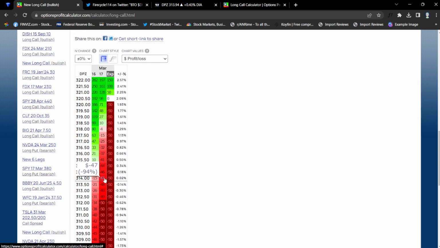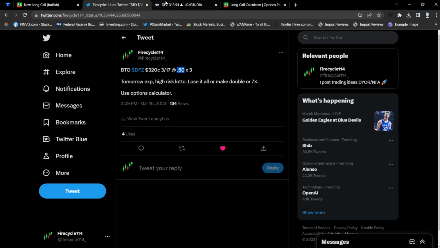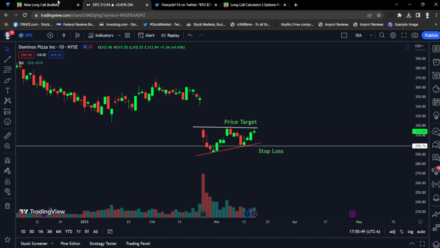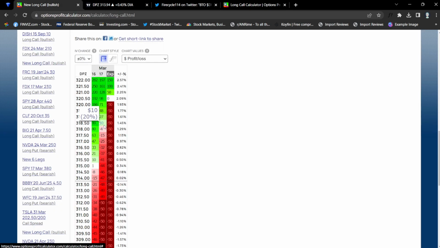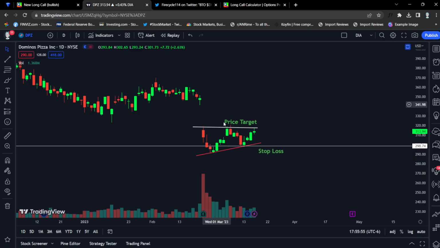So what I could see is right at open, I'm already going to lose 94%. Okay, I'm going to literally lose my whole contract right at market open. So if Domino's doesn't gap up, I'm just going to straight up lose the whole contract. And for me to be break even at market open, Domino's needs to be at $318.